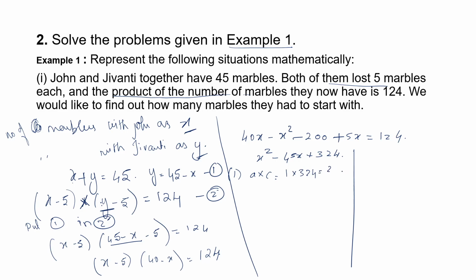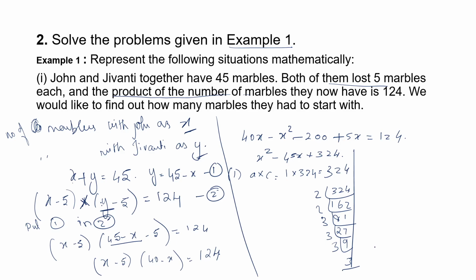So that will be 324. Now you have to factorize 324. Right, now factorized. From these factors, I have to split it in such a way that I should get 45x in the middle.